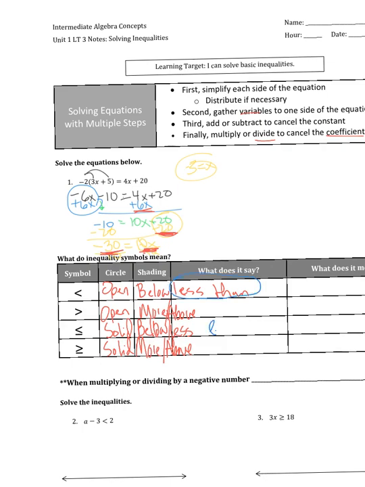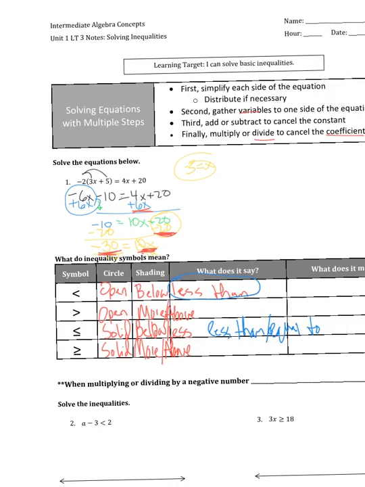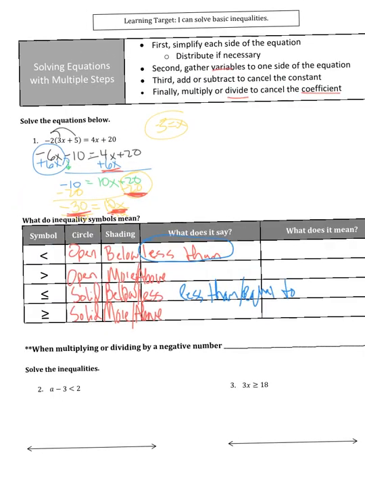This just means less than or equal to. And that kind of means right here, okay? I'm not sure how they want us to fill out this table, but this is greater than, okay, this is greater than or equal to.